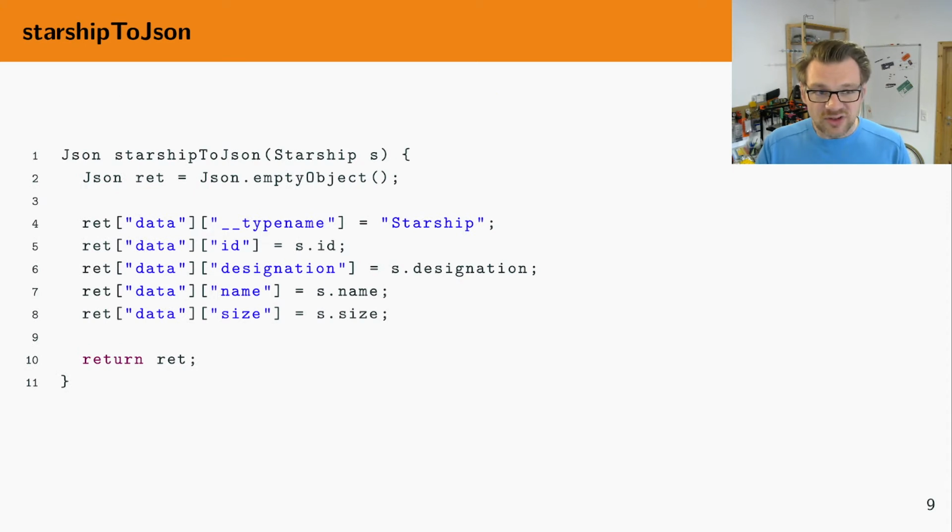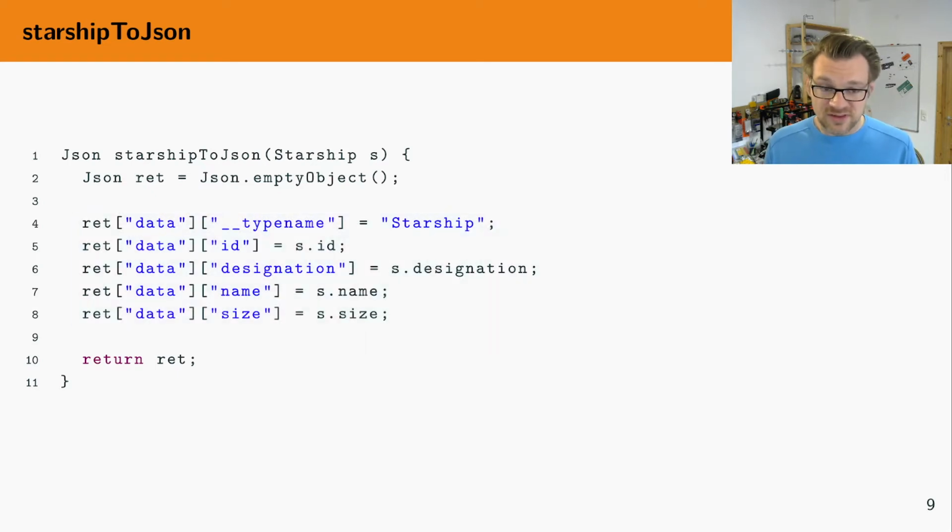The interesting bit here is how do you actually take something and turn it into JSON that GraphQL understands. We sort of turned this into the starship to JSON function, but obviously you would at some point write a serialization library that does all this sort of boilerplate for you. But the interesting bit is here that again, we return JSON where the data member has been assigned other information.